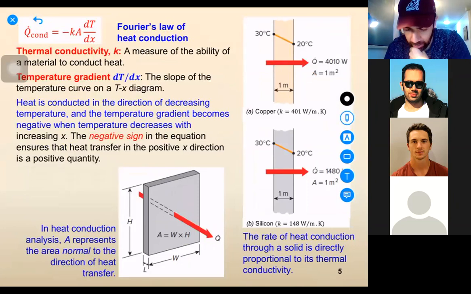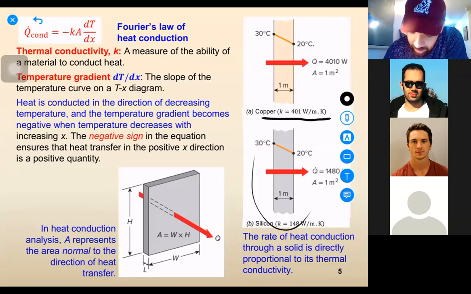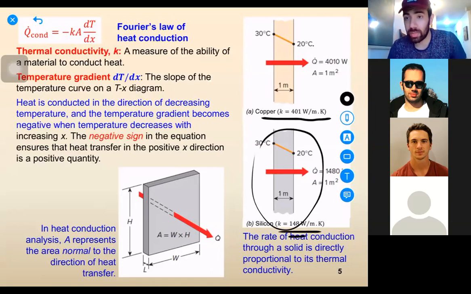I told you that depending on the kind of material you have, for example, if you have copper with a constant of 401 watt over meter times Kelvin, it really takes a higher amount of energy or higher amount of heat to be transferred from the left surface to the right surface, compared to the case here, for example, when we have silicon with a lower conductivity constant.